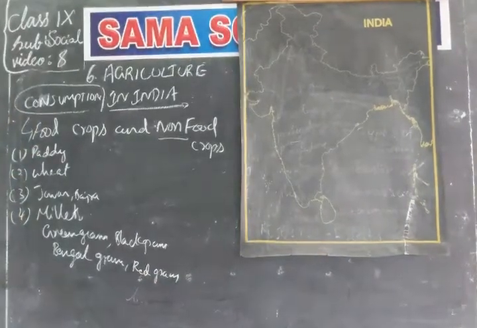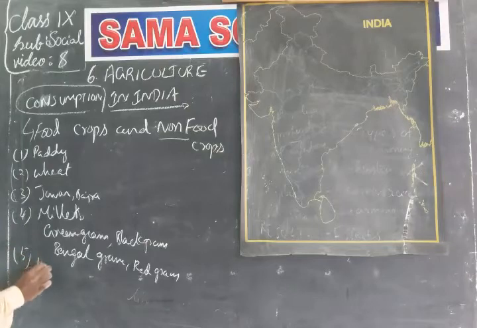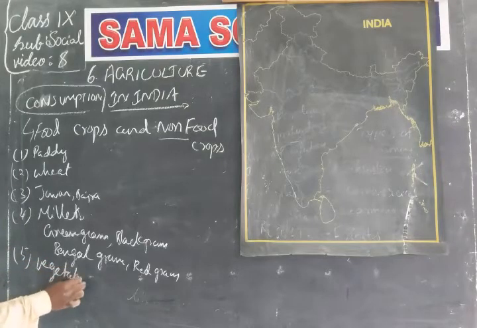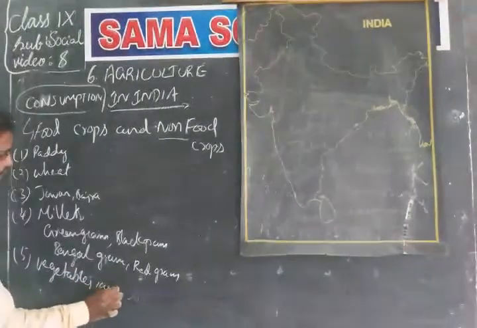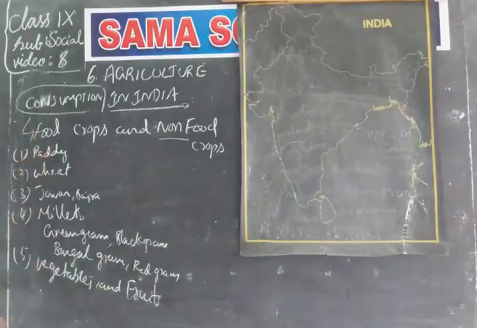These all, and of course vegetables and fruits. Nowadays vegetables and fruits are most important. These all come under food crops.